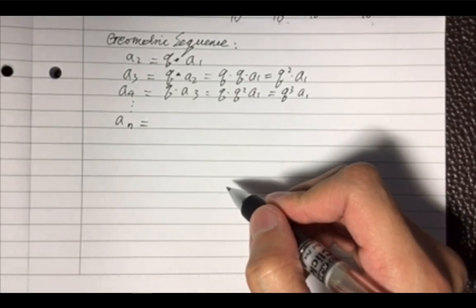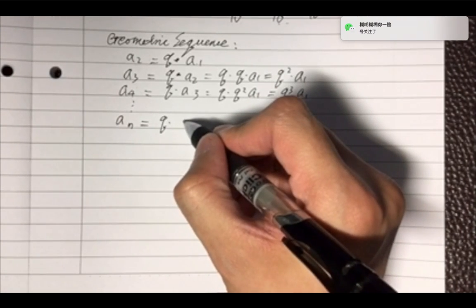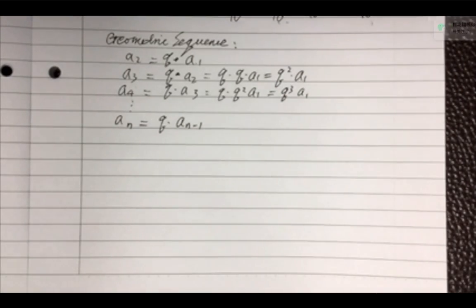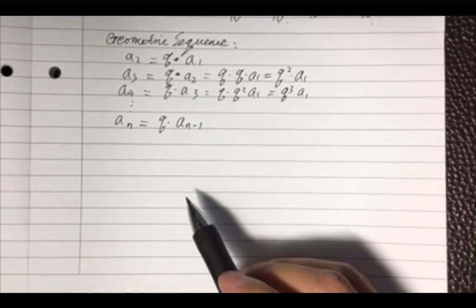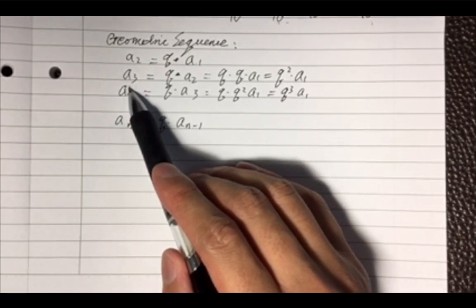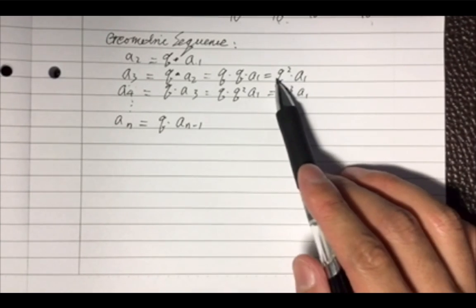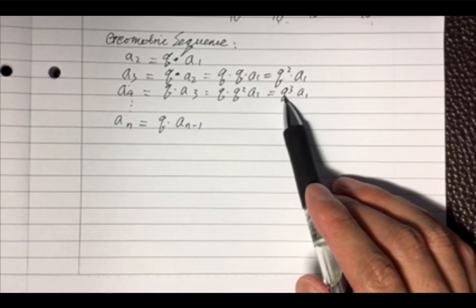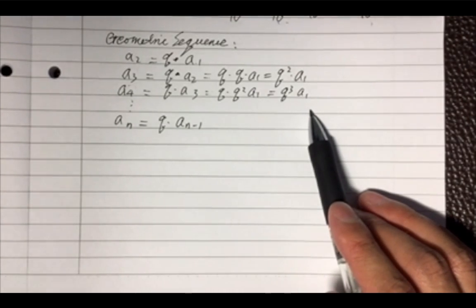The last will be Q times A(n-1). So I guess write the thing out. You can find that A3 is 2 Q's multiplication times A1, and A4 is 3 Q's multiplication times A1.